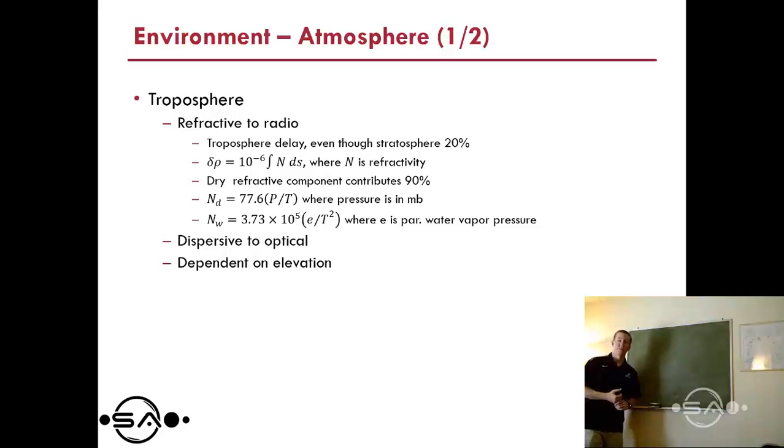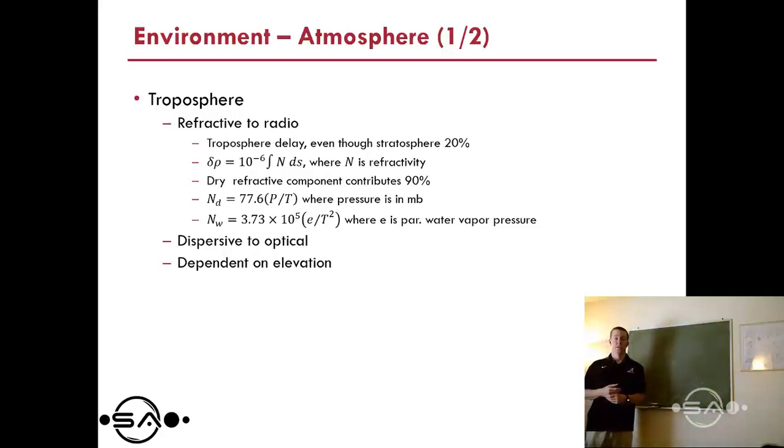So we're going to start off with the troposphere. The troposphere is refractive to radio. There's a delay, and we still call it the troposphere delay, even though the stratosphere contributes about 20% of that delay. So if you take delta rho, where it's about 10 to the negative 6th times N, where N is the refractivity, we can model that refractivity.